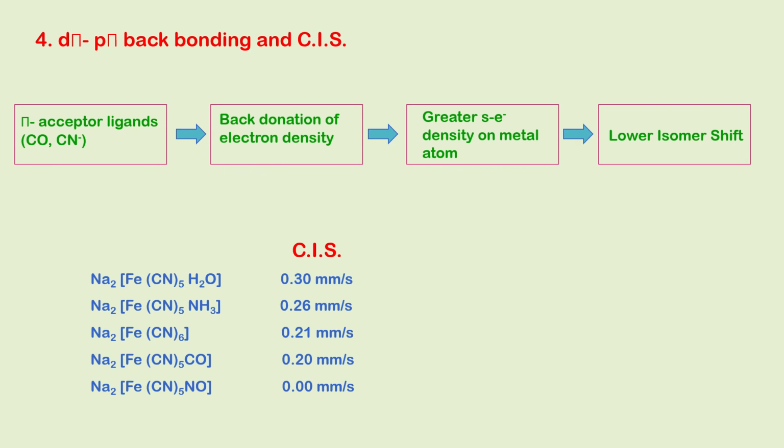In the first compound there is a pi acceptor ligand, cyanide. First we will see the pi accepting, or pi acidity, order of the ligands: first NO, then CO, cyanide, ammonia and water. In the first complex we have water.